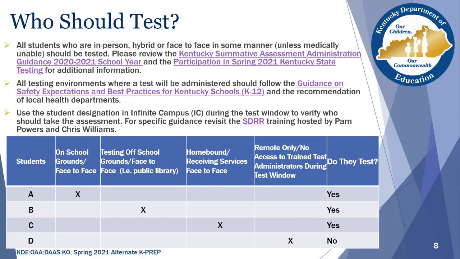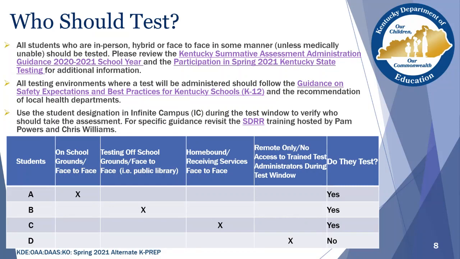Now, in this situation, testing obviously would be out of the picture. So for those students who are unable to test because they can't be accessed in person in a one-on-one capacity, your DAC or BAC will follow guidelines that were shared in the February DAC trainings, specifically in the SDRR section, that describe the process for marking students who have been and will remain virtual throughout the remainder of the school year.